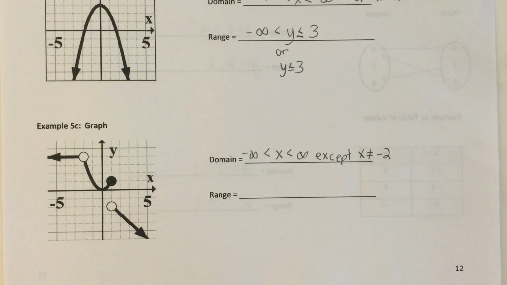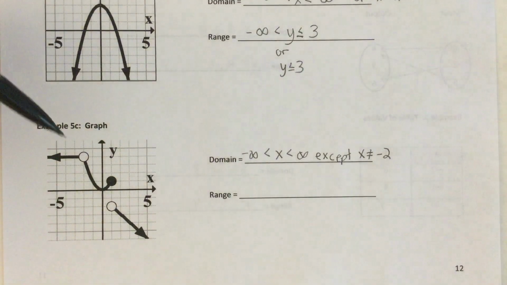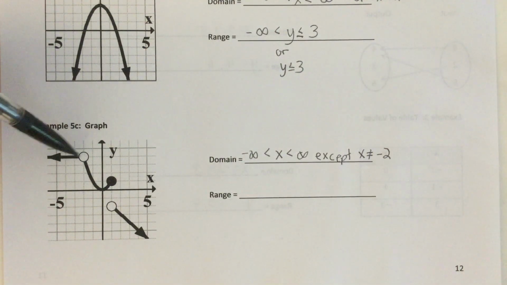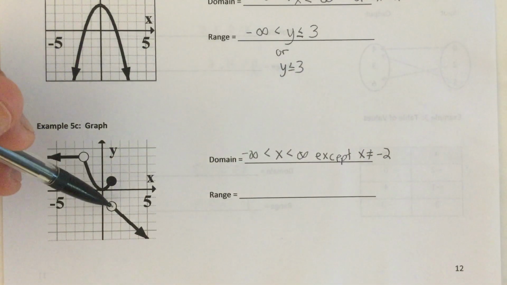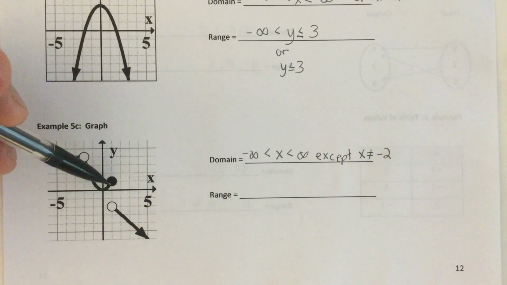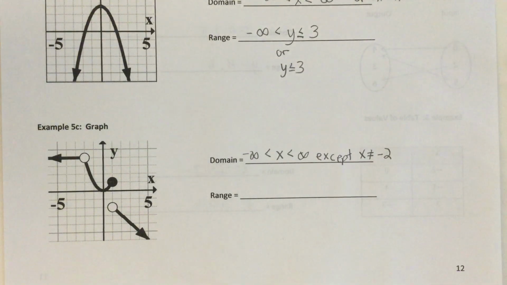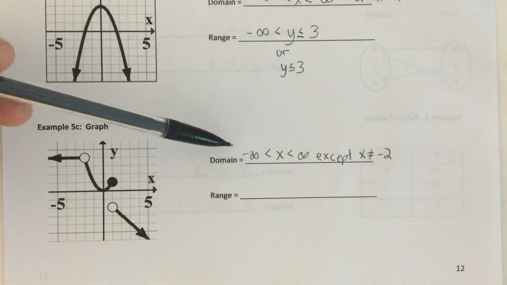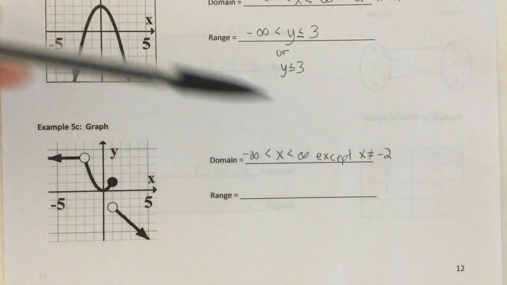So our domain, or our possible x values, is every single x value except the only x value that doesn't work, which is negative 2. Even though there's a hole there at 1, there is an x value of 1 on our graph somewhere right there. So again, the trick here is if you have just 1 or 2 numbers that don't work on your graph, write your inequality, write what the exception is.